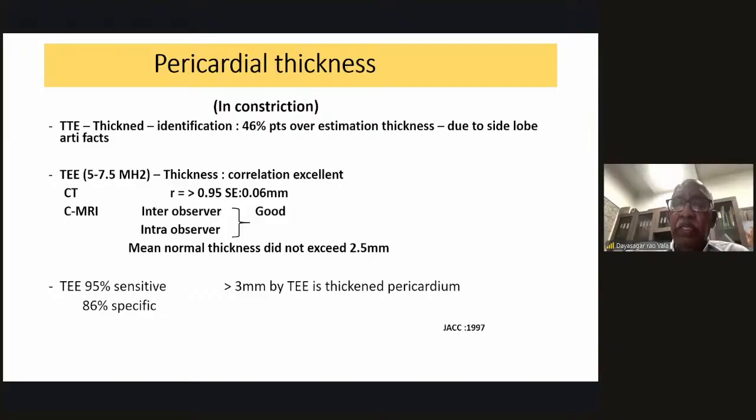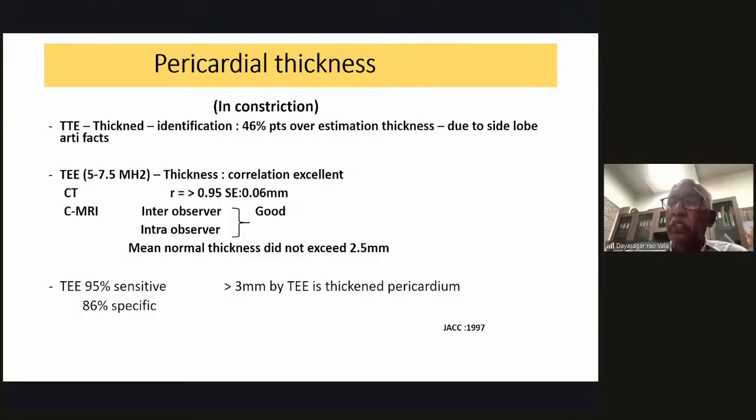And by TEE, if the pericardium is more than 3 millimeters thick, then this abnormality is 95% sensitive, 86% specific for thickened pericardium. But thickened pericardium is not synonymous with constriction. Just want to emphasize.